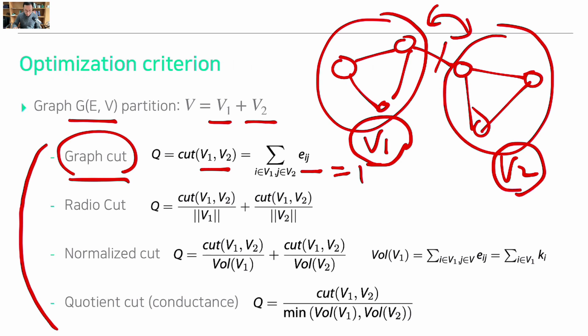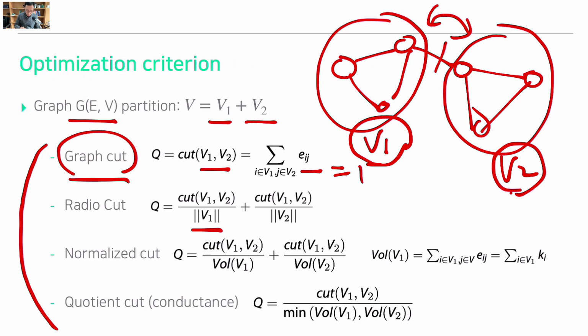But sometimes it is not fair to just count the number of graph cuts, right? Depending on the size of V1 and V2, it is relatively very small, but when we just count, it doesn't reflect the actual graph structure. So we need to consider the size of partition 1 and partition 2.